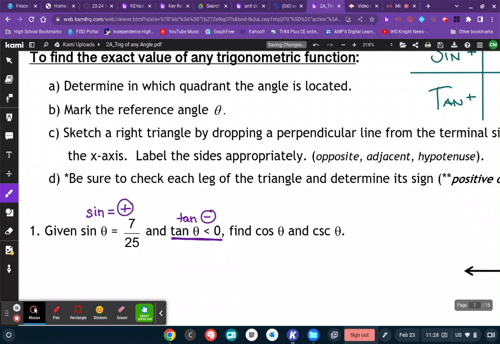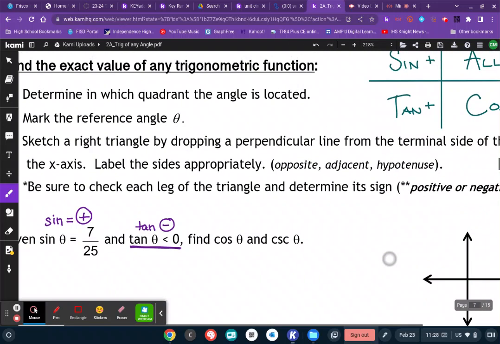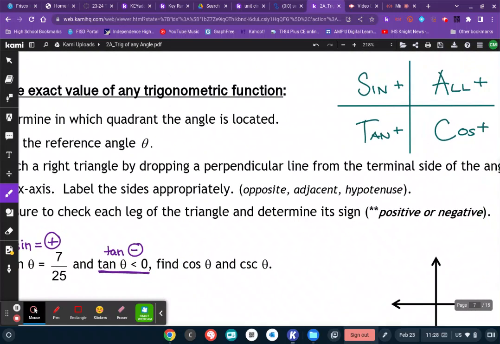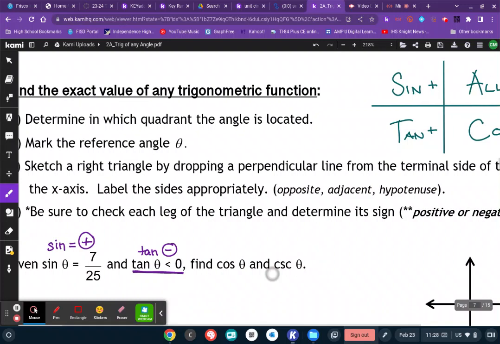So that's what's going to help me decide where theta is located. It has to be in a quadrant where sine is positive and tangent is negative. And according to my little chart, where is that going to be? Quadrant 2. Good. So this information lets me know I'm in quadrant 2.